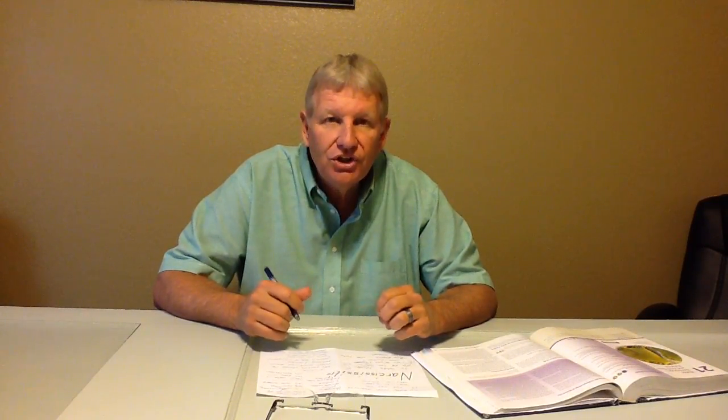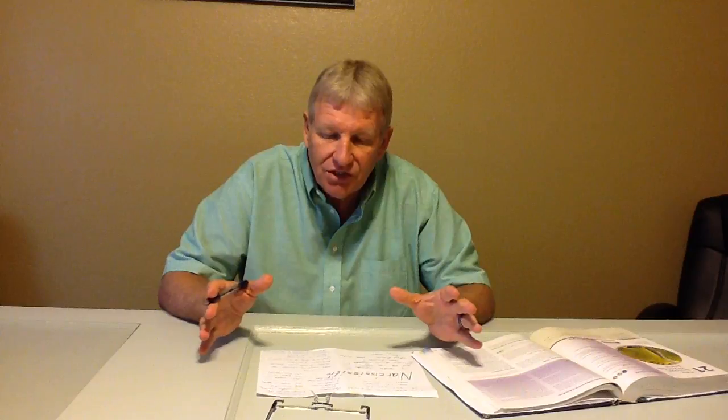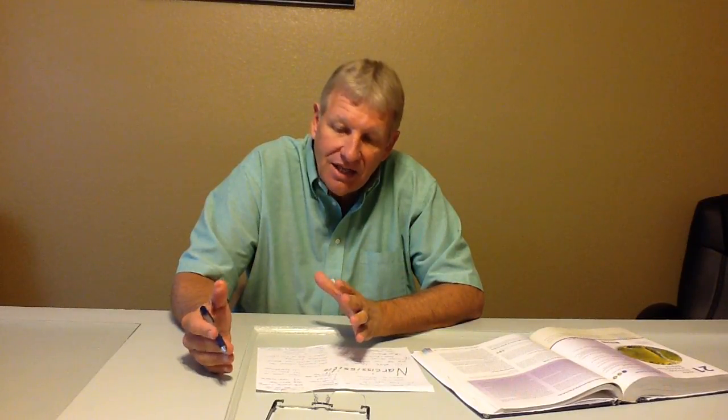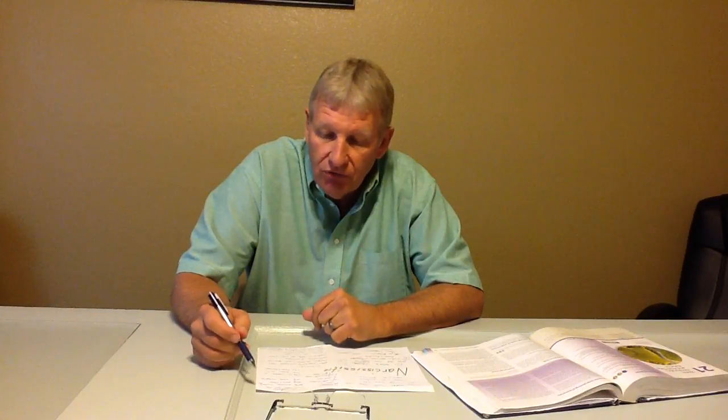So the average water intake is 2,500 milliliters per day. Now that sounds like quite a bit. That's 2.5 liters of water per day. And they say 8-ounce glasses of water is a good recommended consumption of water.